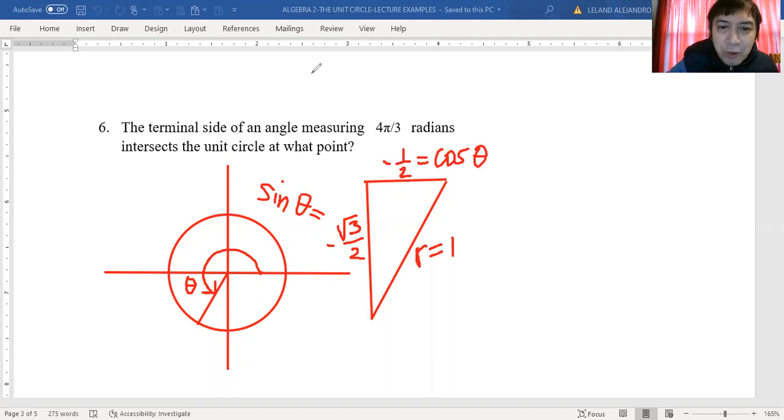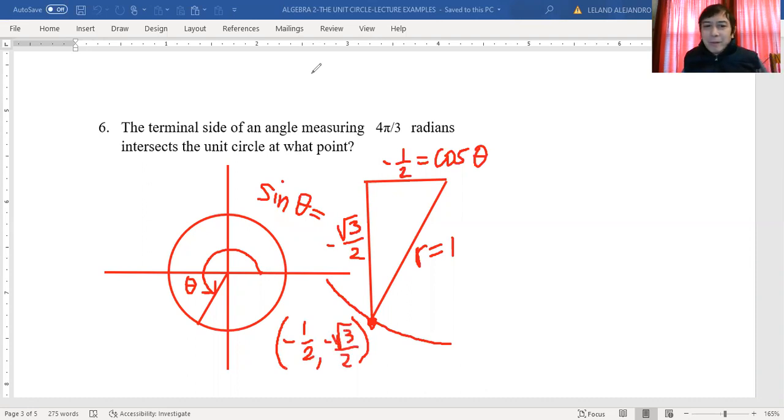So we're after the coordinate. Your circle is here like that, and this is the point. We're after the point where 4 pi over 3 radians intersects the unit circle. This is what we studied a while ago. So the point here is negative 1/2 and negative square root of 3 over 2.